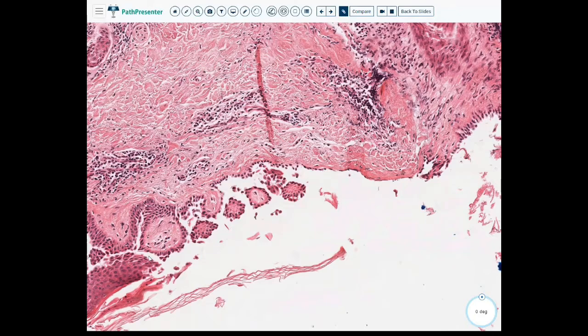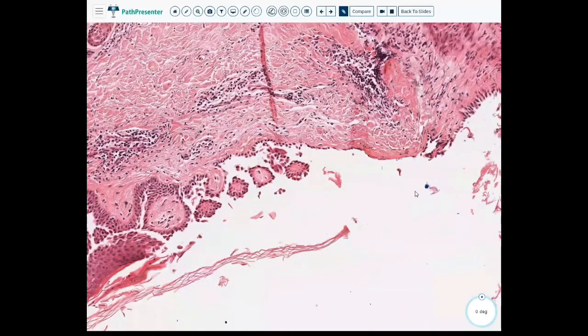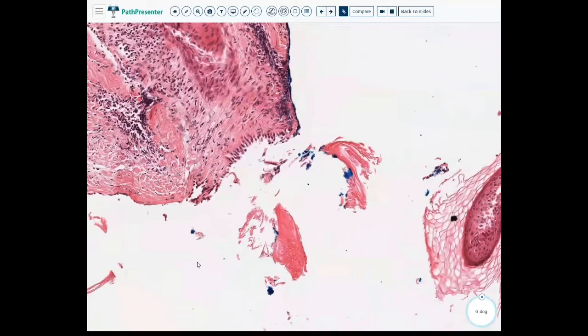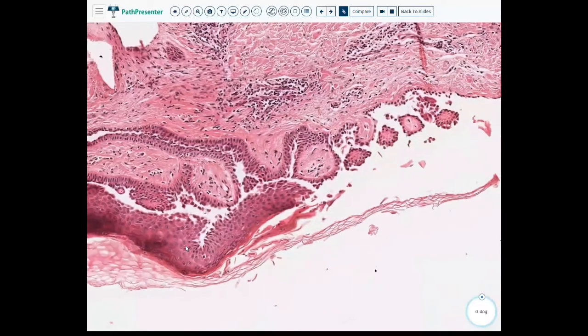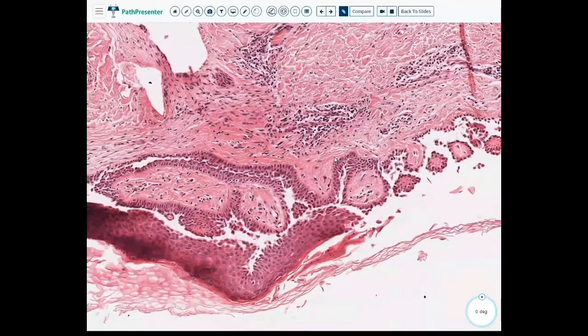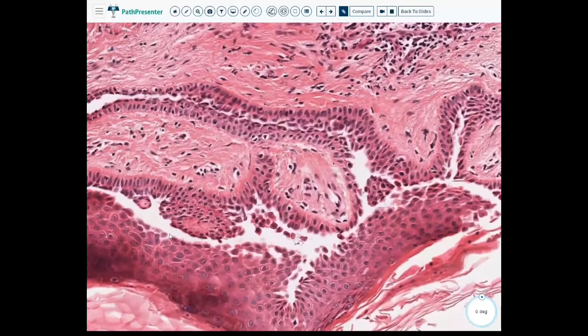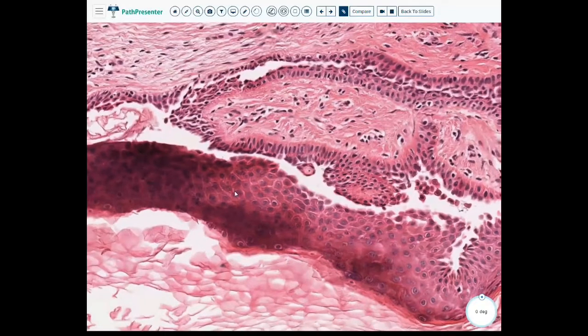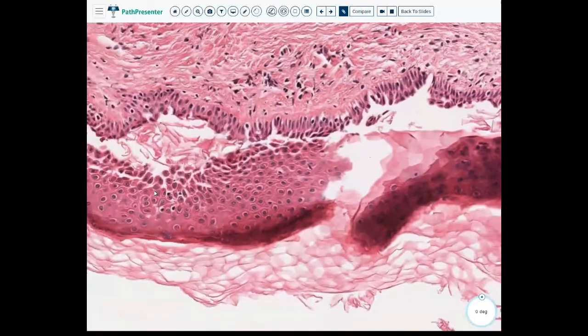Other things that you should pay attention to. Like we do have spongiosis. So that spongiosis, again, being extremely common with this.